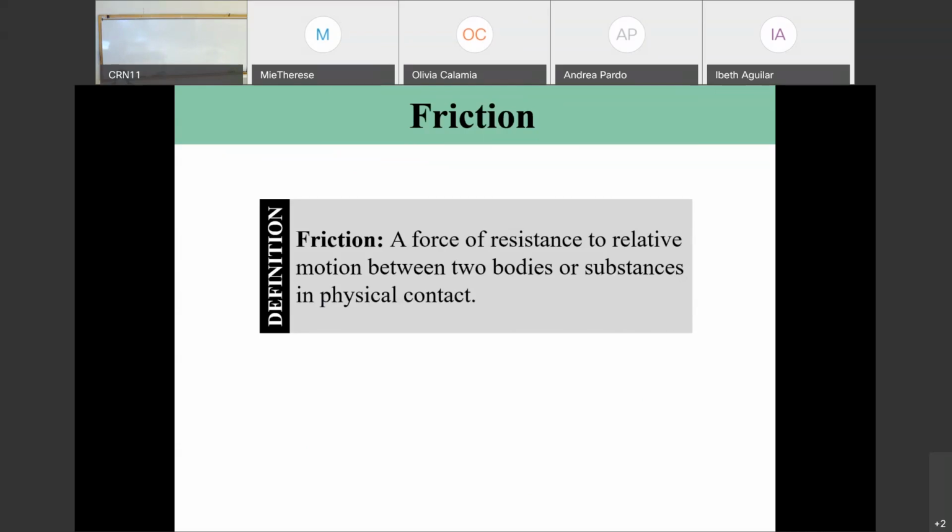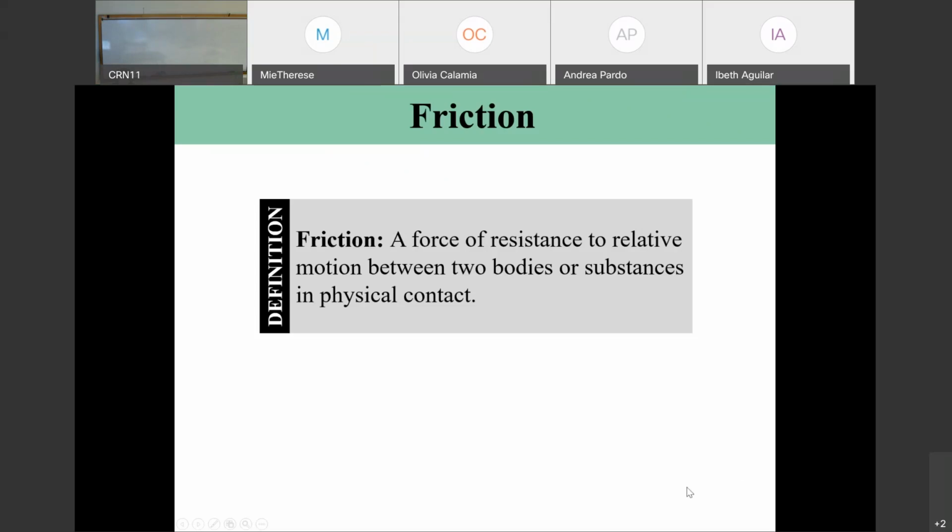In chapter 1, we neglected it. For an ideal scenario, we neglect the idea of air resistance, of air friction. However, now that we're going to be talking about masses, bodies on tables or on the floor, we have to understand the idea of friction as a resistance relative to motion, okay?